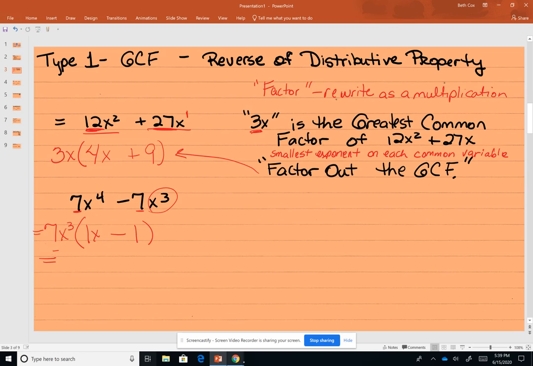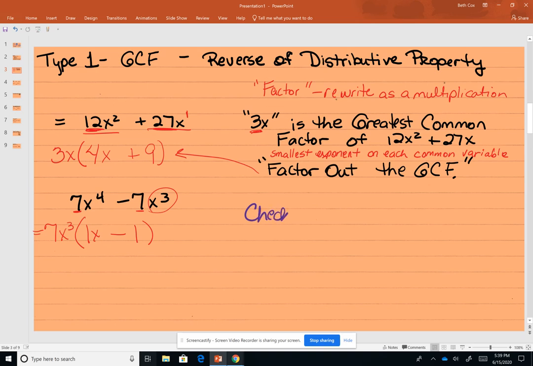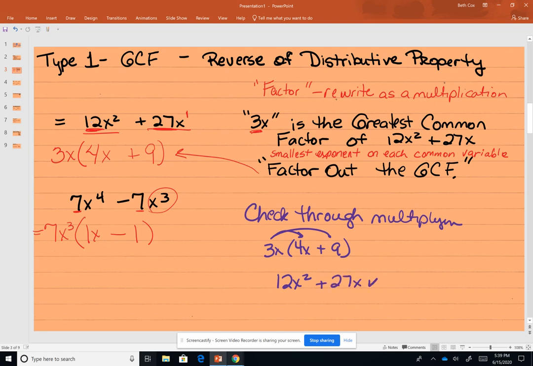Now I can check both of these through multiplying. You can always check your answers through multiplying. And so if you think about it, if I did 3x times 4x plus 9, 12x to the second plus 27x, and that checks.